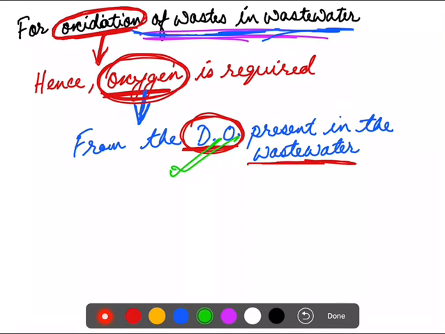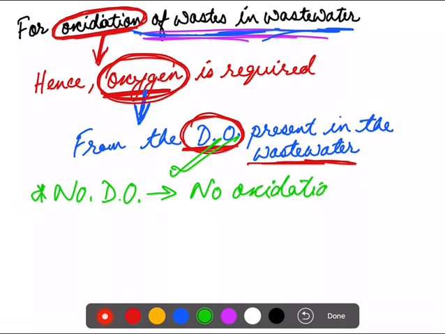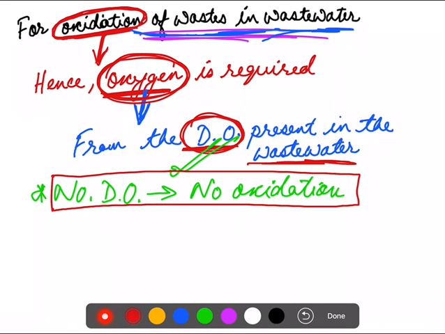If there is no dissolved oxygen, there will be no oxidation. So no DO, no oxidation. If you don't have dissolved oxygen inside your wastewater, then there will obviously be no oxidation.